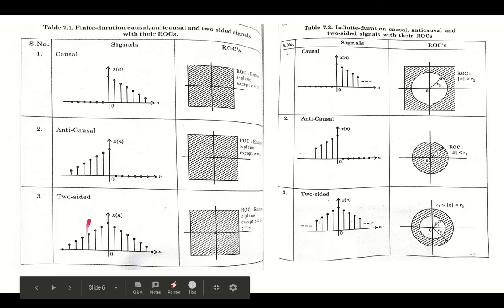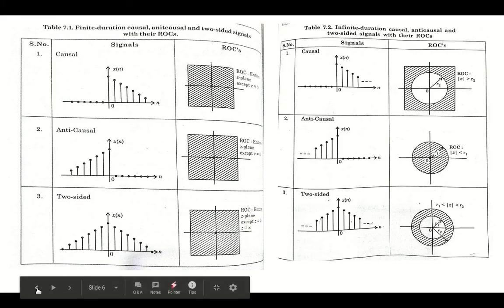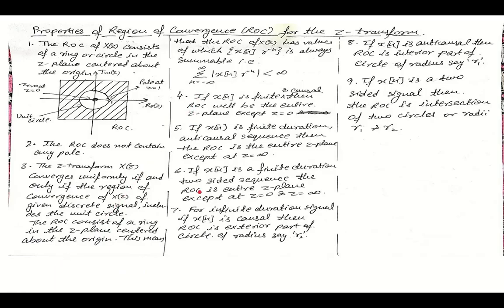So if we check the two-sided signal, we have a finite two-sided signal, and both these signals are finite on both sides. Then the ROC will consist of the entire Z plane except z equal to 0 and z equal to infinity. In this way, these three properties reflect the finite signal.